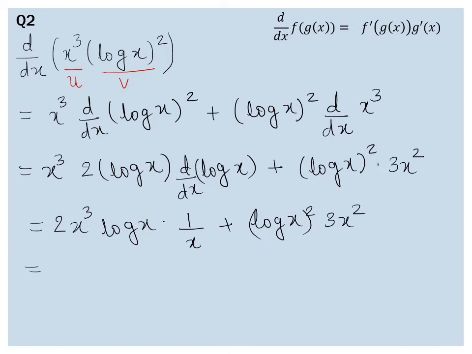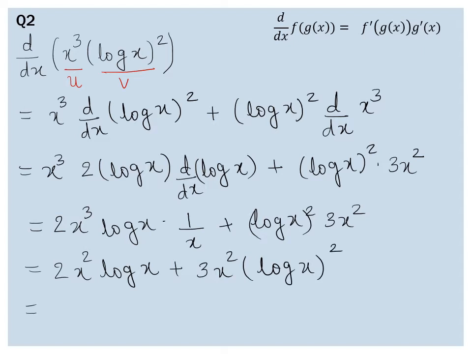So let us simplify this as 2x square log x, because x cube upon x gets cancelled to x square, and plus 3x square log x whole square. Now here we can take common x square log x, and in the first term we are left with 2 and in the second term we are left with 3 log x. So this is the required result.